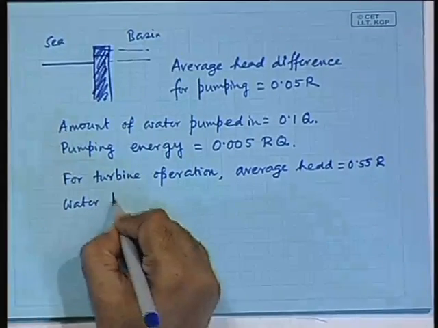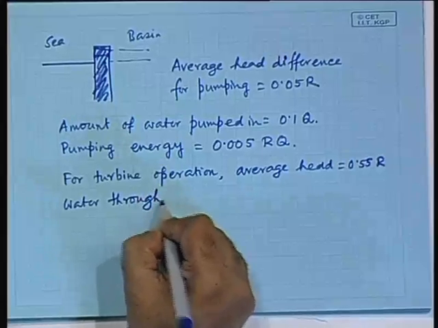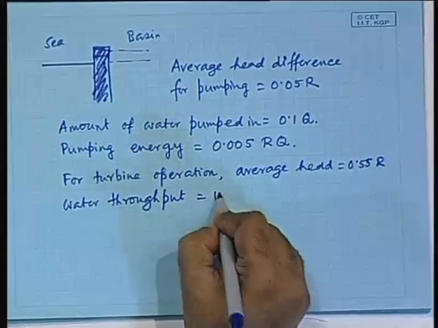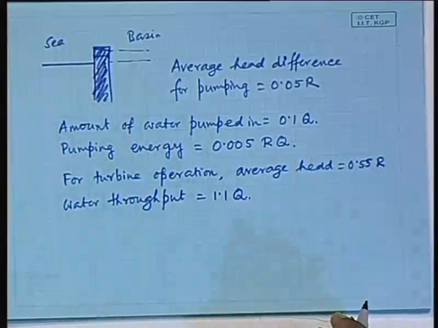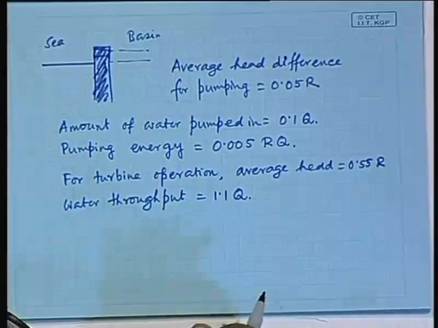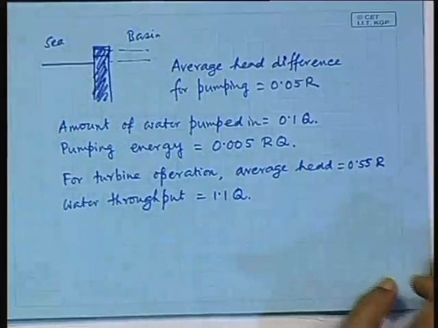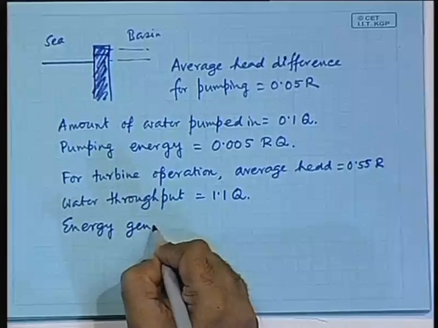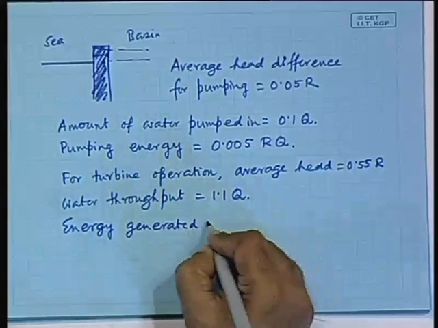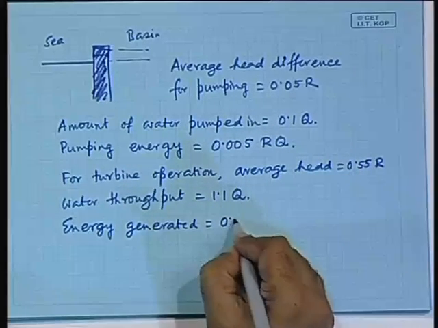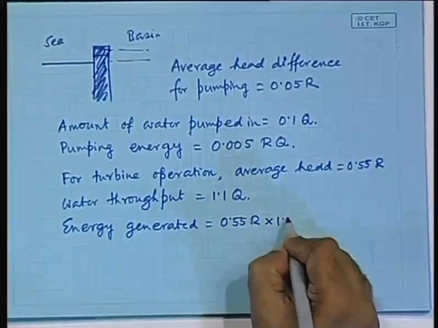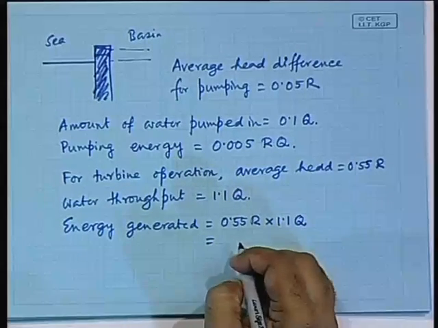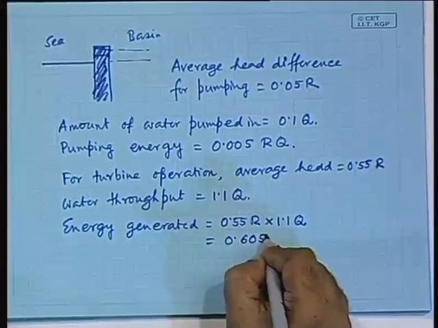Initially it was Q, now it is 1.1 Q. So the water throughput is 1.1 Q. So the total amount of energy that has been produced, the energy generated, is equal to 0.55 R times 1.1 Q, which is how much? 0.605 R Q.